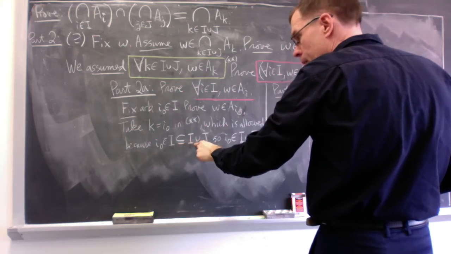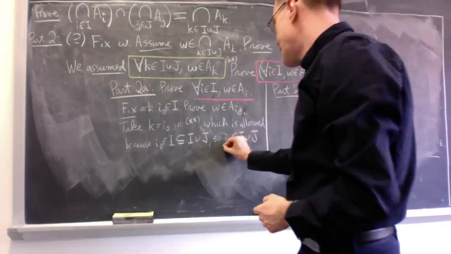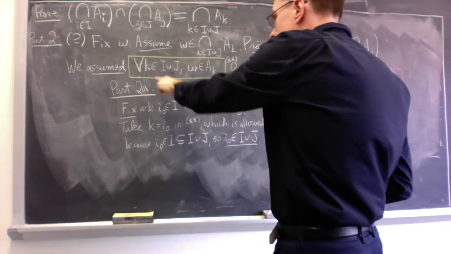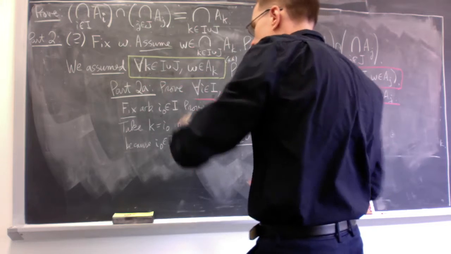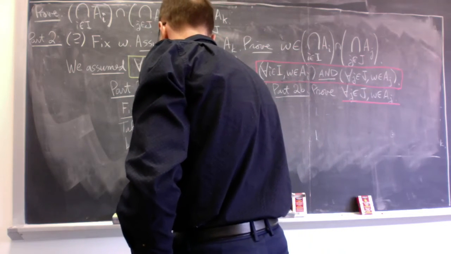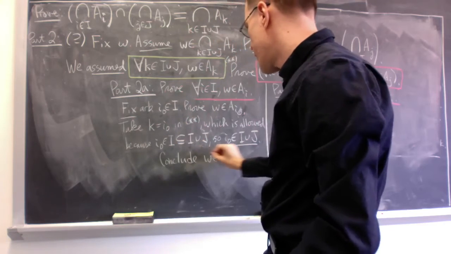I is not a subset of I intersect J in general. Okay. But that's true. And so because it's in the universe of the known for all statement, I can make that replacement and conclude safely that w is in, well, A_k, but I just replaced k by i naught.